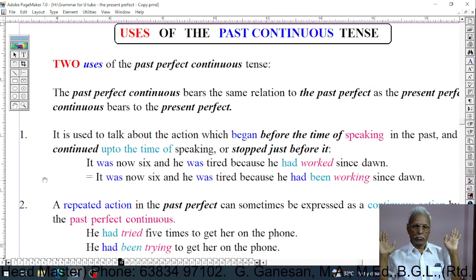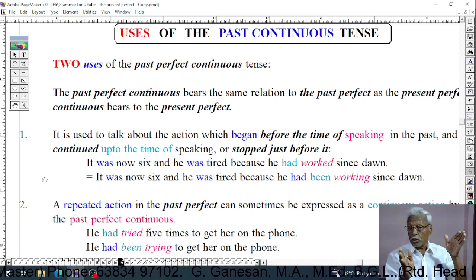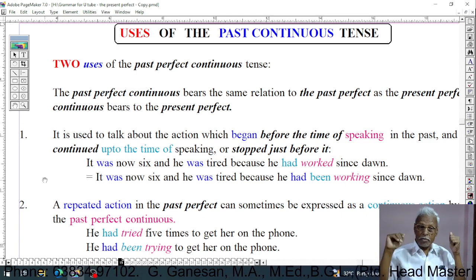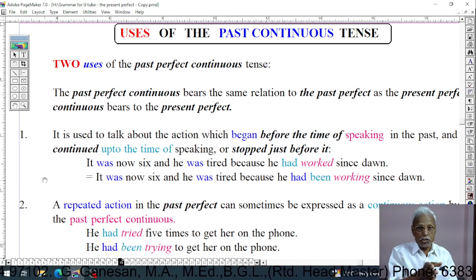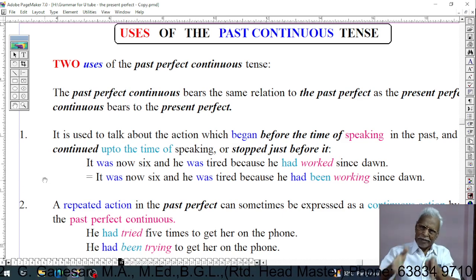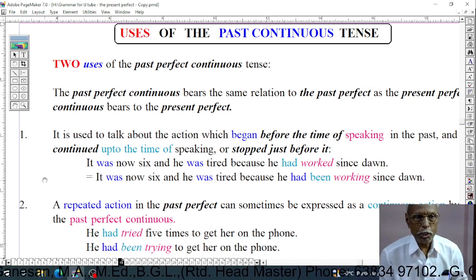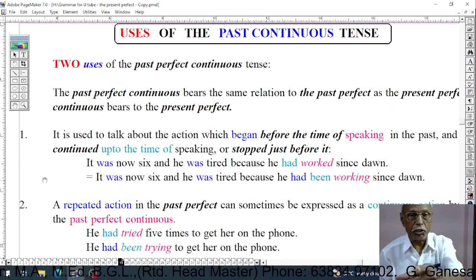That's all. So, an action which was going on for a long time in the past should be expressed in past perfect continuous, in speaking and in writing. That's all. So I am saying two uses of the past perfect continuous tense.